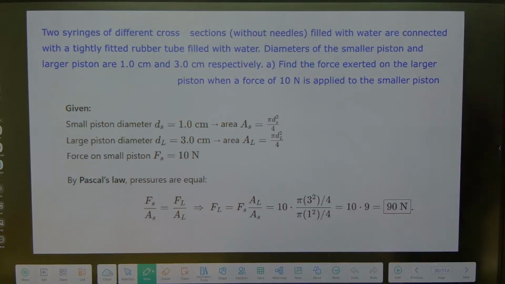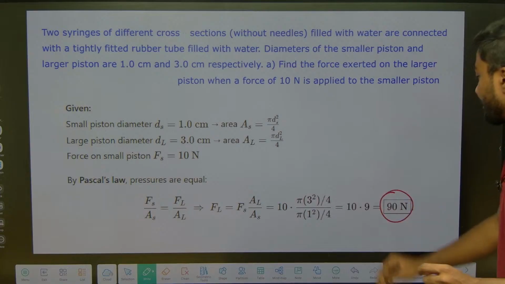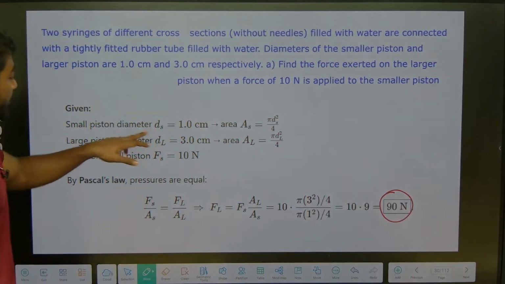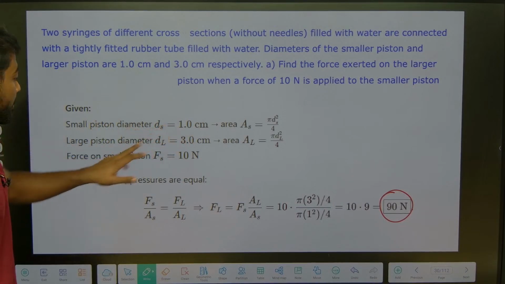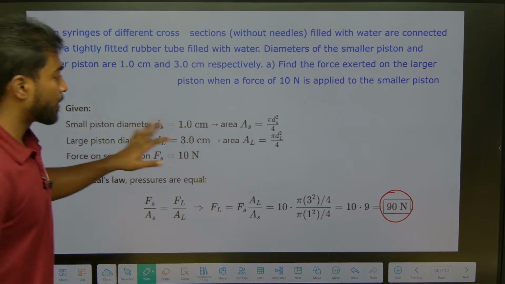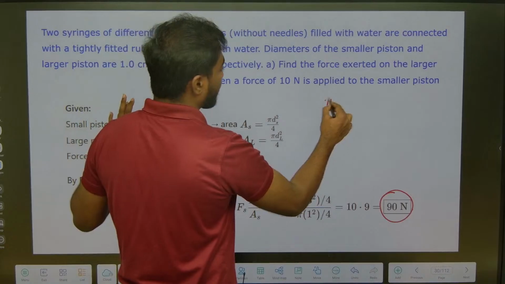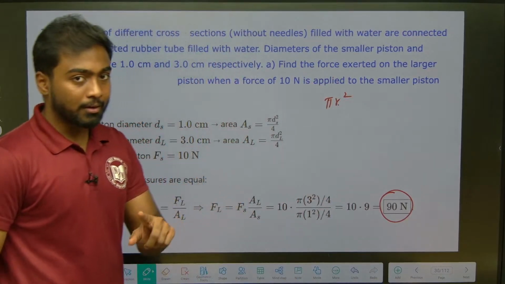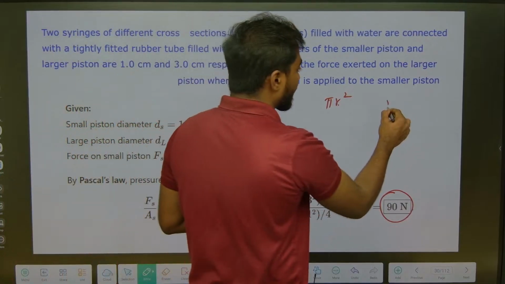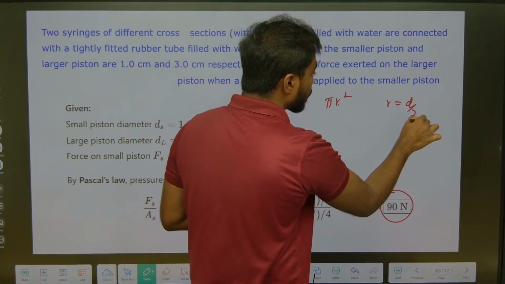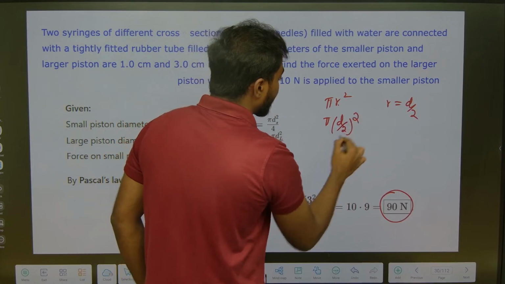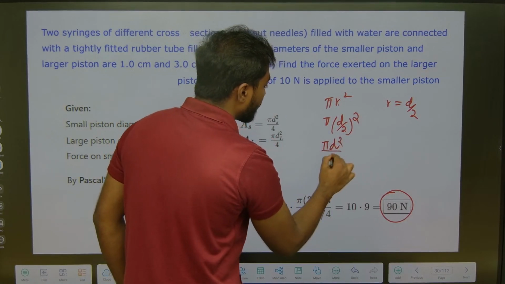If you see the answer, you will get it as 90 Newton. How? 1 centimeter diameter for the smaller piston and 3 centimeter for the larger piston. What is the formula we know? Pi r square, and since diameter is given, r equals d by 2, so pi into d by 2 the whole square gives d square by 4.